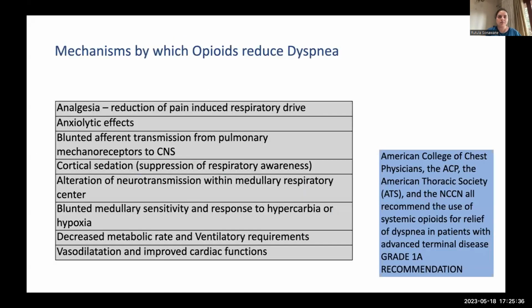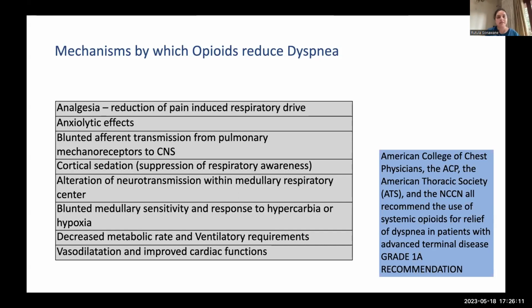Coming to the mechanisms by which opioids reduce breathlessness, according to the American College of Chest Physicians, it is a grade 1A recommendation. As an analgesic, if pain is inducing the breathlessness, it helps with that. It has an anxiolytic effect as well. It blunts the afferent transmissions from the mechanoreceptors in the chest wall to the central nervous system.